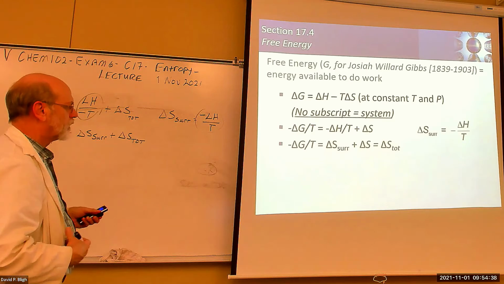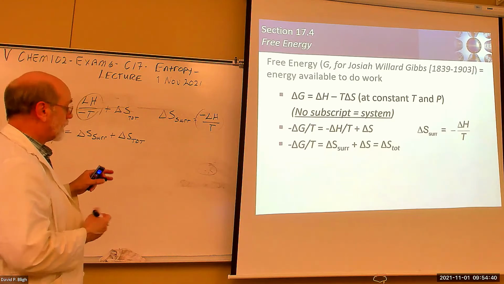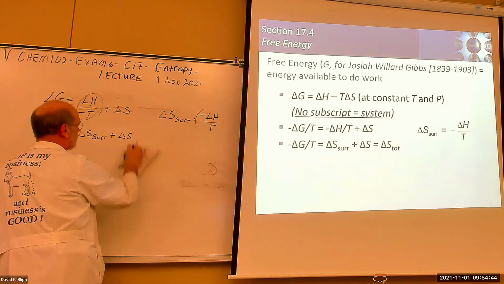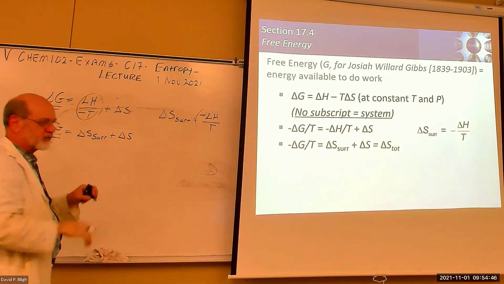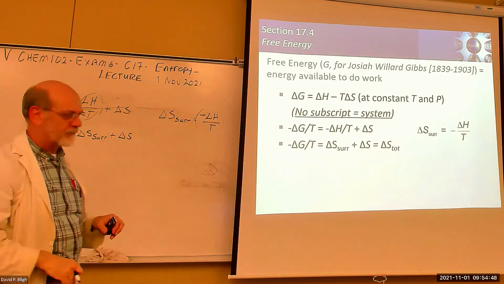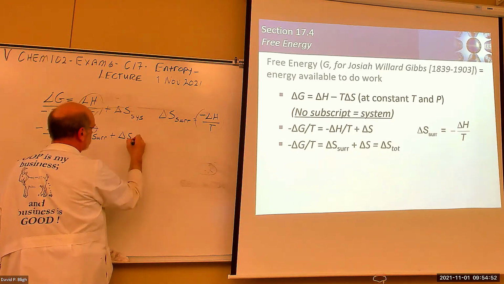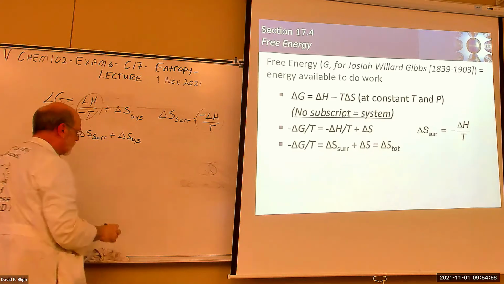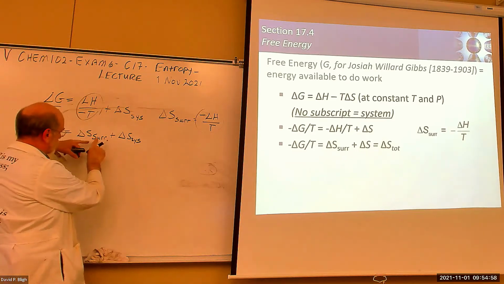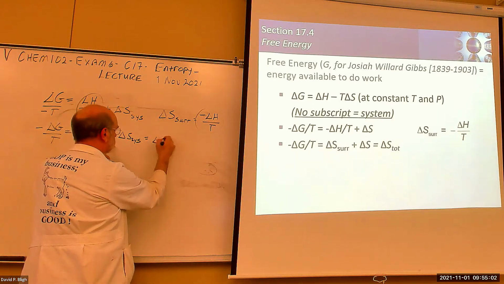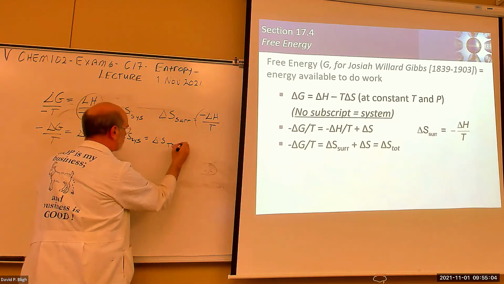Wait a minute. Hold on a second. Excuse me. I misspoke. If we don't have a subscript, assume it's for the system. It should be like that. There we go. So now, delta S for the surroundings plus delta S for the system equals delta S total.